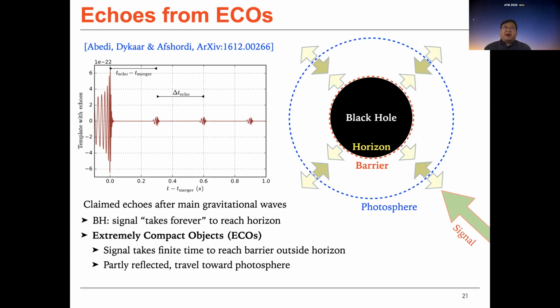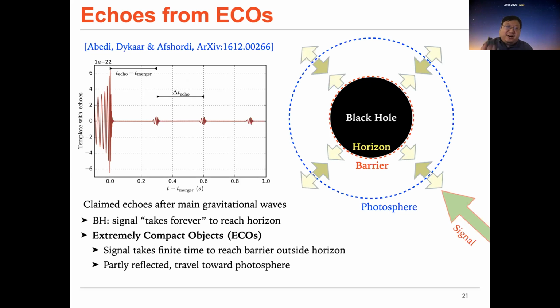So one way to think about it is that the gravitational wave packet that gets reflected from the barrier tries to escape the black hole, but a lot of them cannot escape because they're not propagating directly along the radial direction. So they get turned back, go back to the barrier again, and maybe get reflected again and again.